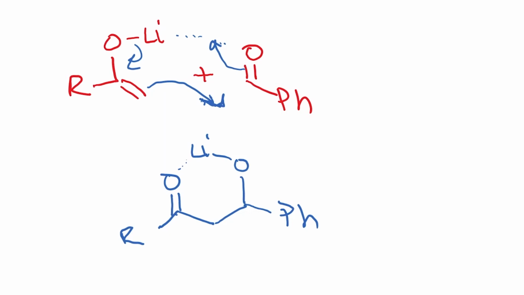Okay, so the way you work up the reaction is by adding a few drops of water very carefully. You may want to keep it under ice or at low temperature so that whatever remaining base, if there's a small amount of base that's remaining and so on, they're going to react very violently with water. So you're going to do a workup with water very slowly, and then you get the aldol product.